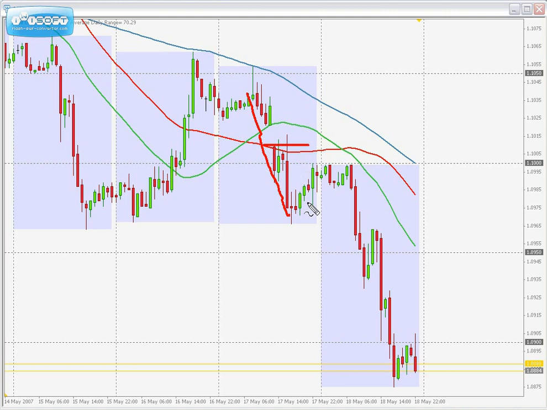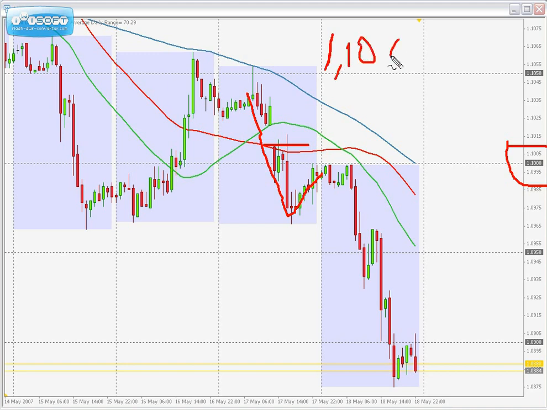My entry was somewhere around there. Then we retested not only the last week's low, but also the 110 decade number. Okay, decade numbers are very strong levels of support and resistance.